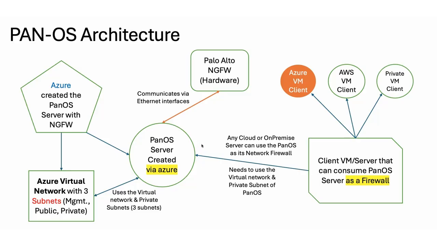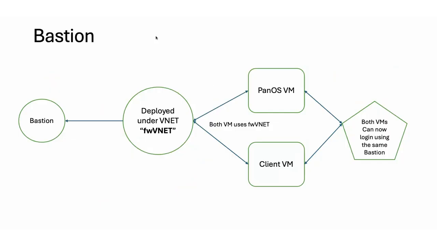Do bear in mind also too that whenever you're creating this in an Azure environment, as an example, the Pan OS can have its virtual network, and that virtual network can have a bastion deployed. Our bastion gives us the opportunity to log in securely rather into our VMs.